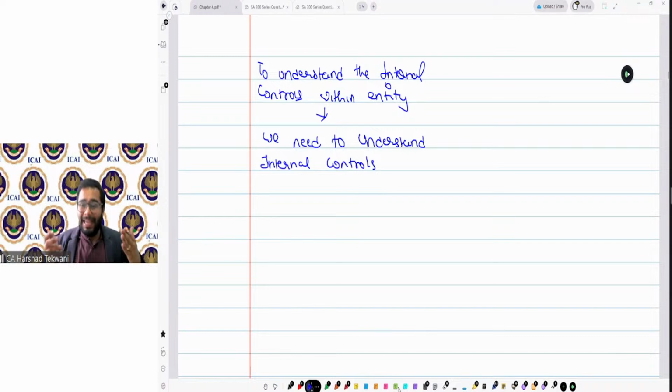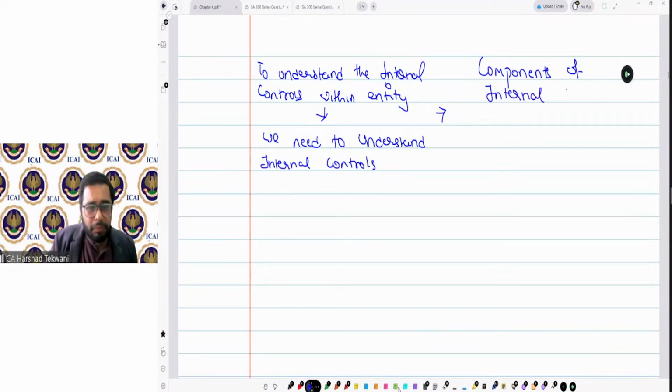In order to understand the internal control, there are certain factors that we need to understand, and we call these factors components of internal control.